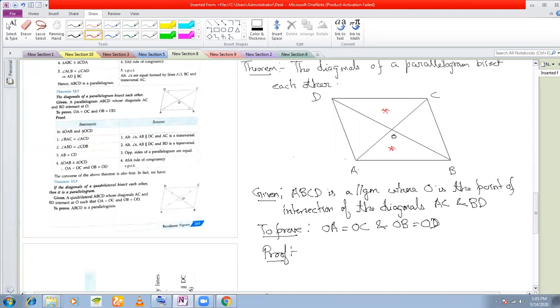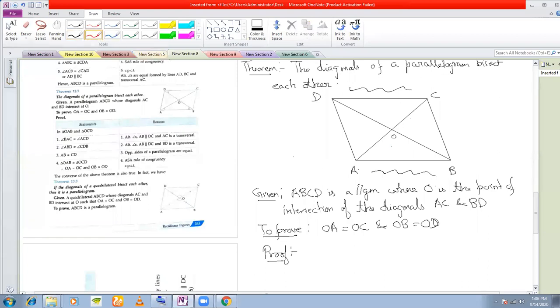Once you prove them to be congruent, by CPCT you can say this side is equal to this side and this side is equal to this side. Am I right? Yes, sir. Then the next question is, how do you prove that these two are congruent? First of all, in these two triangles, since ABCD is a parallelogram, this side must be equal to this side, AB must be equal to DC, right?